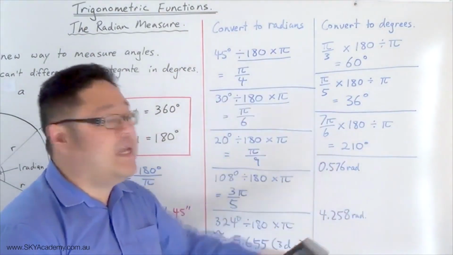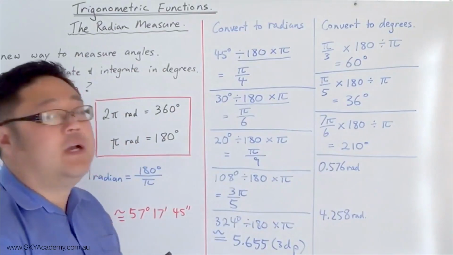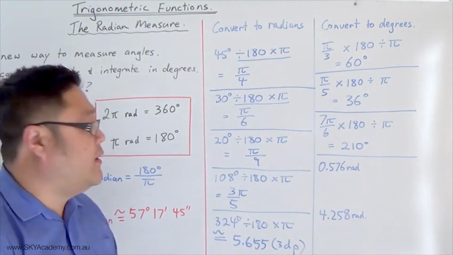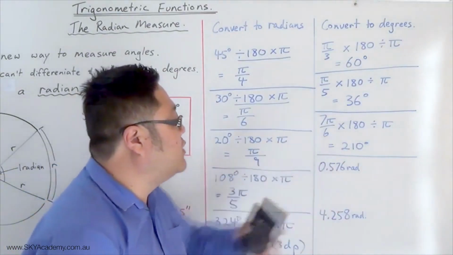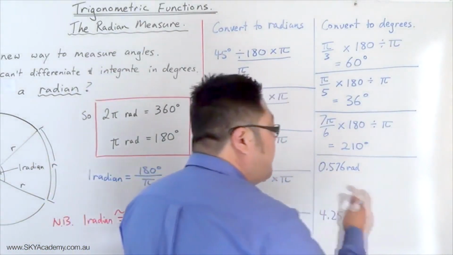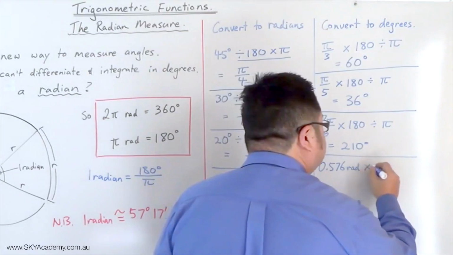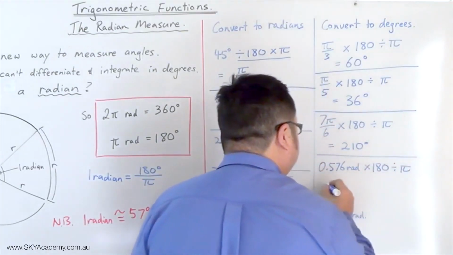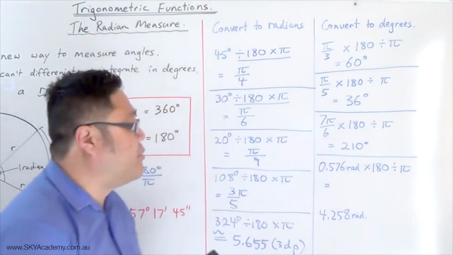I've left 2 examples to the end, which will again involve an answer that is an approximation. Alright? The method's exactly the same. You times by 180, divide by pi, and you should get an approximation.